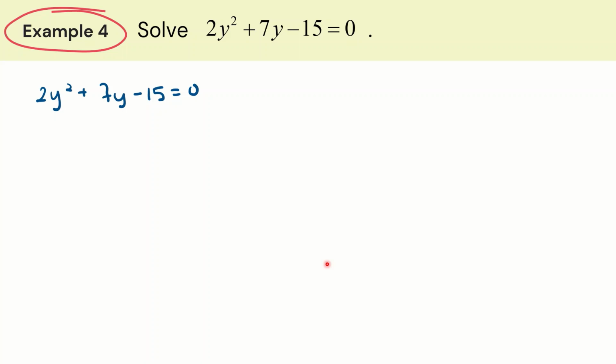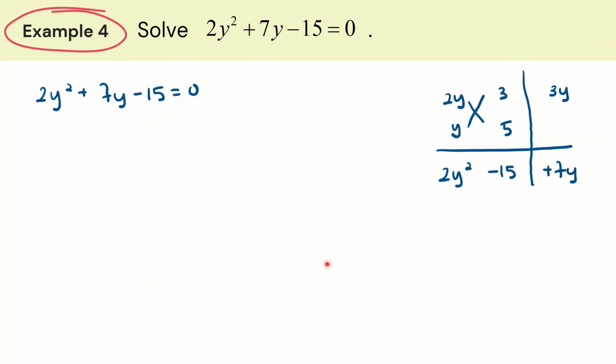Later on when we move on to Set 3, you may realize not all quadratic expressions could be factorized, but that's another day for us to talk about. At this point, it will surely be factorizable, for which we do our cross method, and this is what we do to do the factorization.